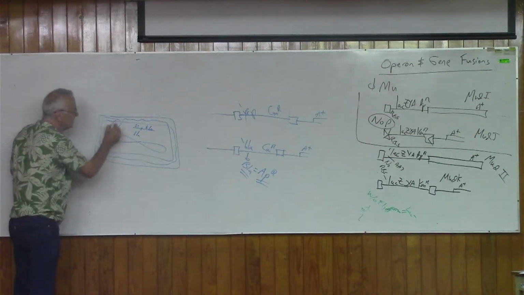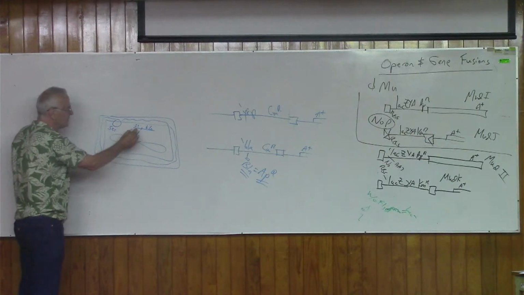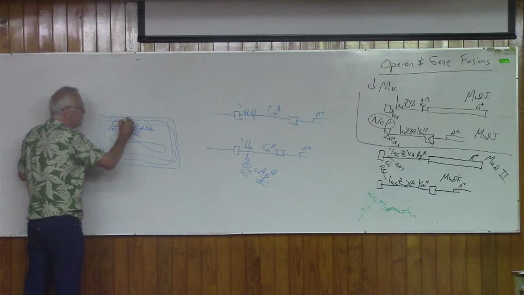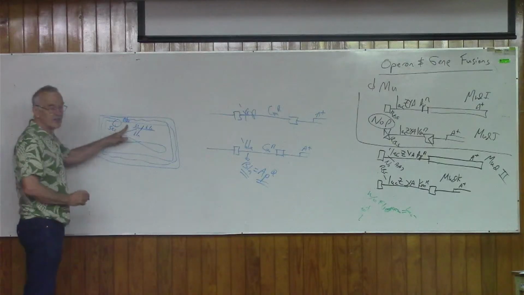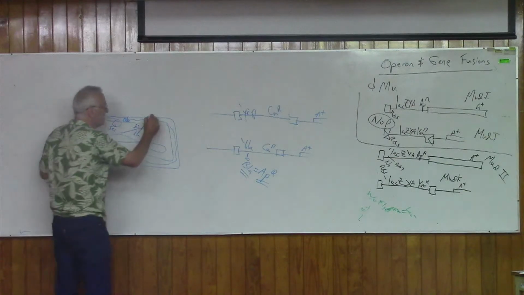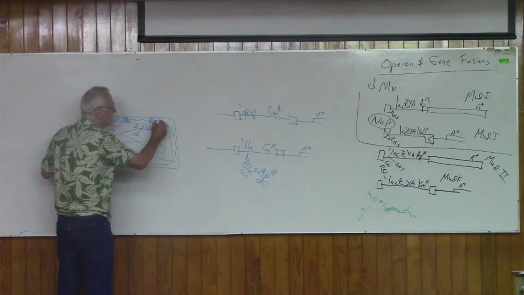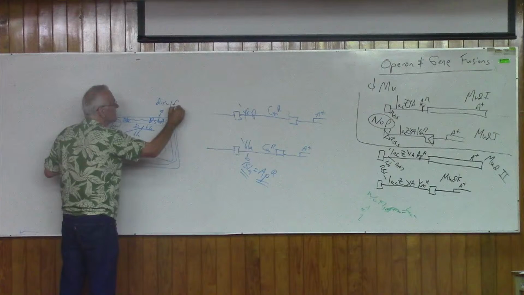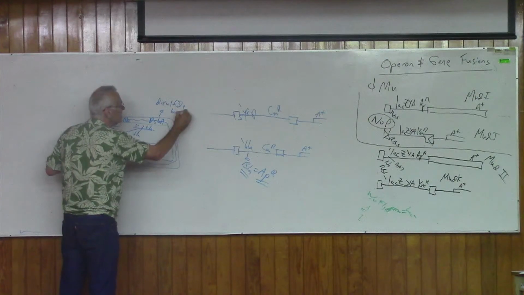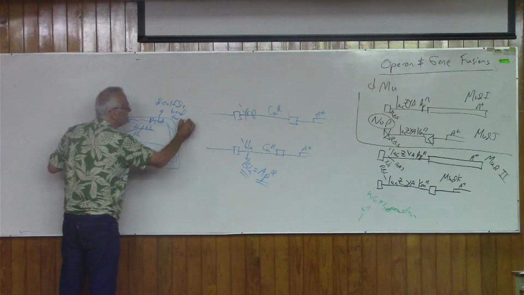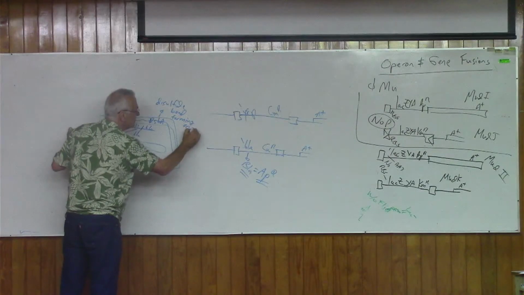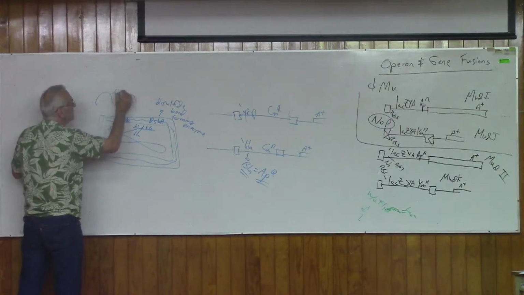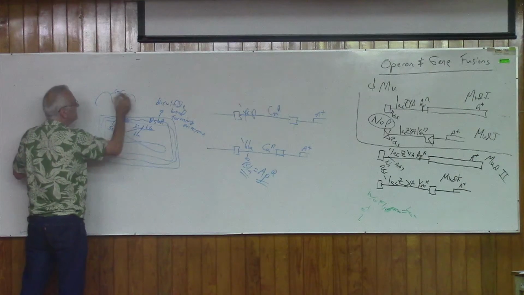And that secretion signal takes it to the secretion system, and it's a cleavable secretion signal. And it puts the Bla in the periplasm. There's an enzyme in there called DsbA, disulfide bond forming enzyme. So Bla actually has to form a disulfide bond.